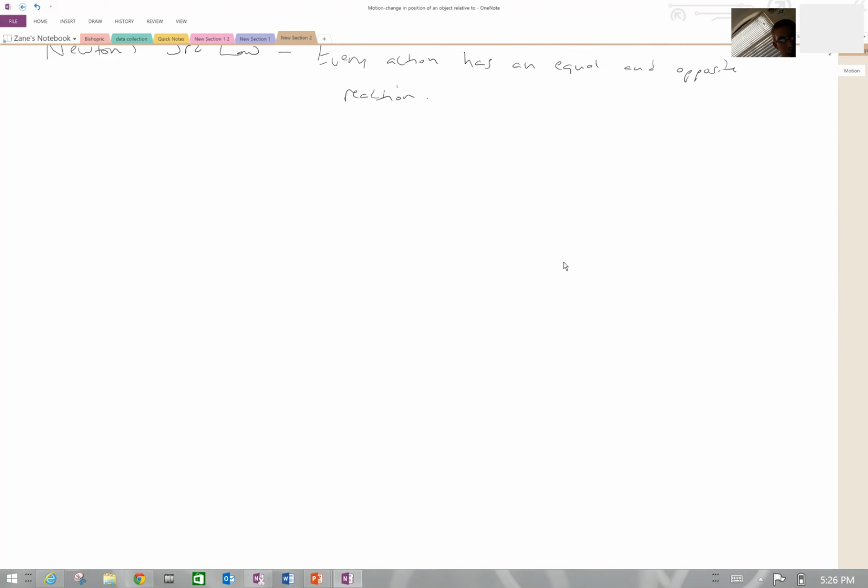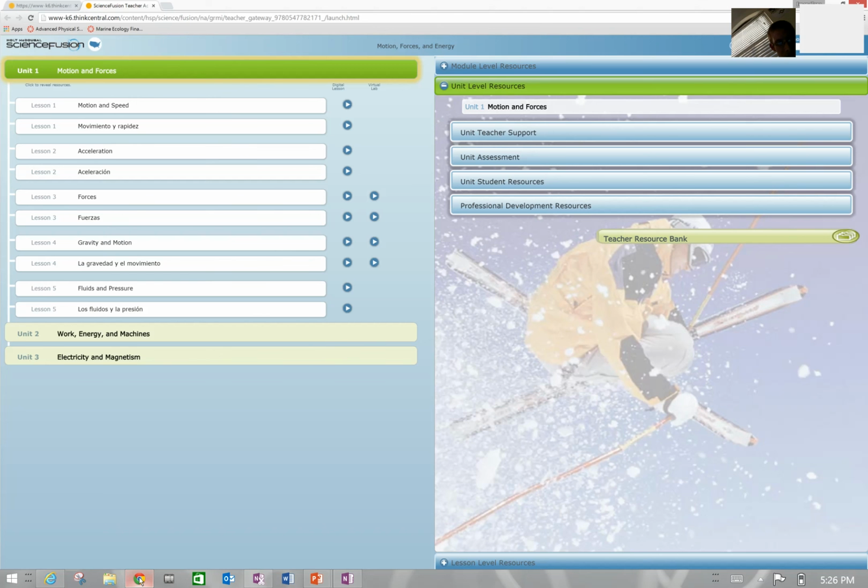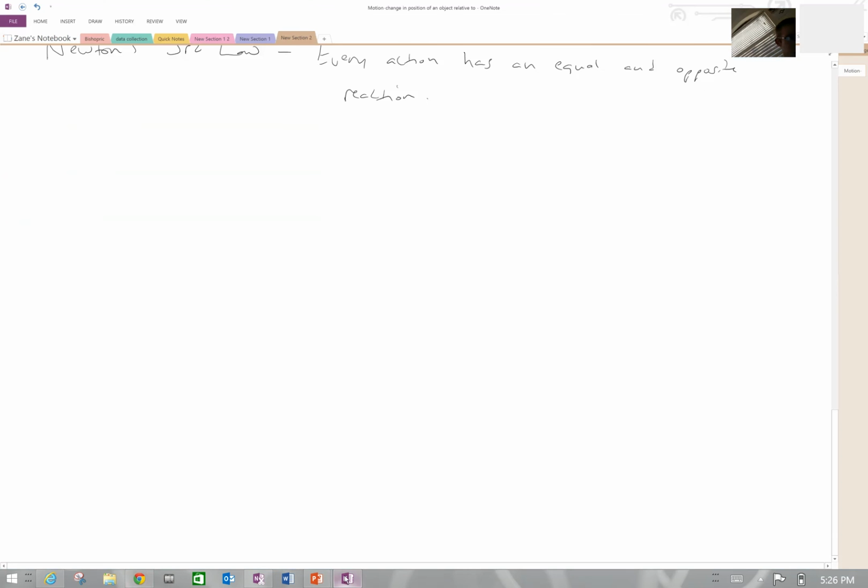Next thing we talked about on Think Central was gravity and motion. Okay, so gravity, as we've already talked about, is just the force exerted between two objects.